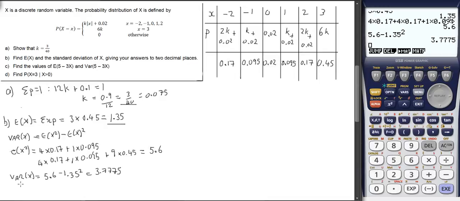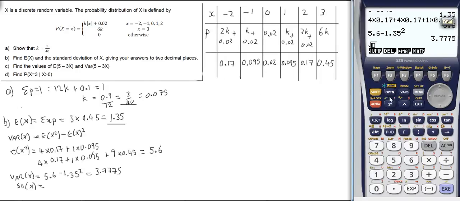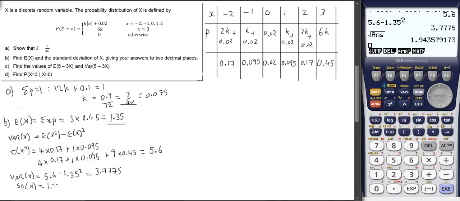But the question is, what is the standard deviation of x to 2 decimal places? So the standard deviation is the square root of that, which is 1.9435, which to 2 decimal places is 1.94.